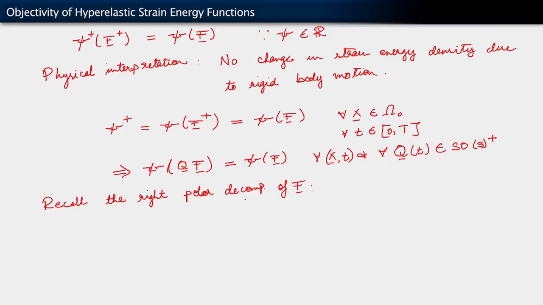That theorem says that f can always be written as r u, where r belongs to SO3 plus, implying that there is a rotation that does not change the handedness of any triad of vectors that we pick.